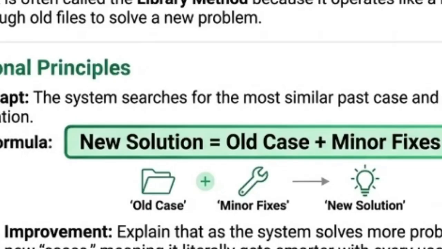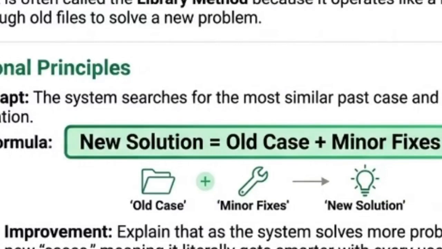So, morning, I'm Mark, and I'll be taking you through case-based reasoning, which is an expansion on slide 13, pertaining to reasoning paradigms for knowledge systems. Here, the beginning is case-based reasoning, which is learning from experience. Normally, it is termed the library method because it operates like a researcher looking through old files to solve new problems. It has three operational principles.